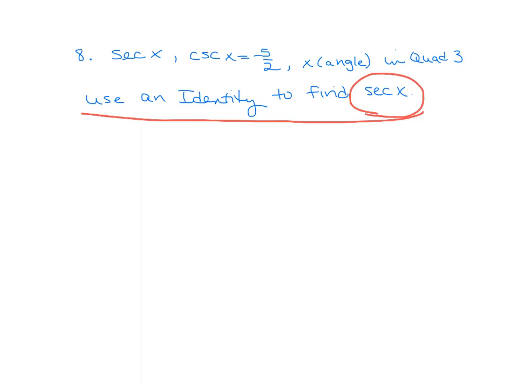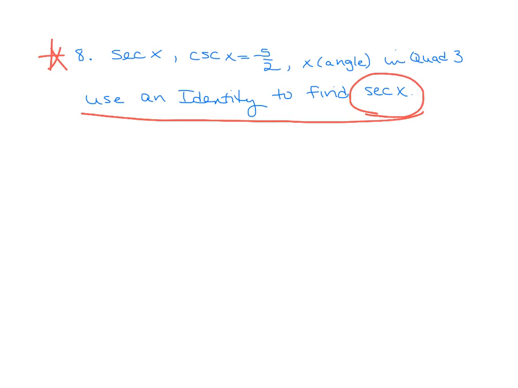When you're doing your homework over the weekend, they're going to give you information like this, but instead of just telling you to find 1, they're going to ask you to find the value of all 6. So you're actually going to have to find all 6, sine, cosine, cosecant, secant, tangent, and cotangent using identities.